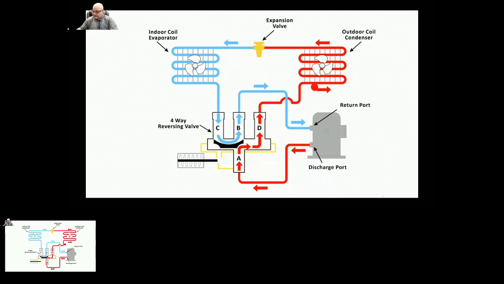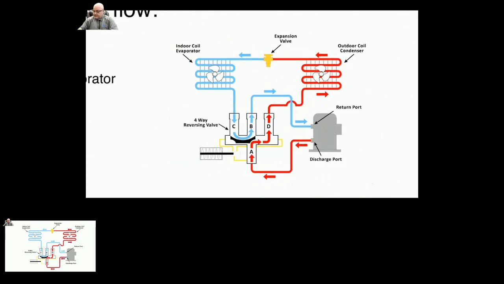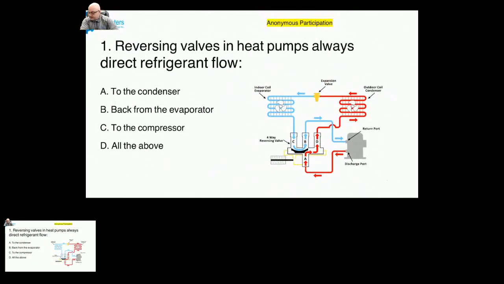Here, right? It is also sending it out from here. It is back from here and back from here. So in this case, I'm using the words condenser and evaporator because it is a set function.